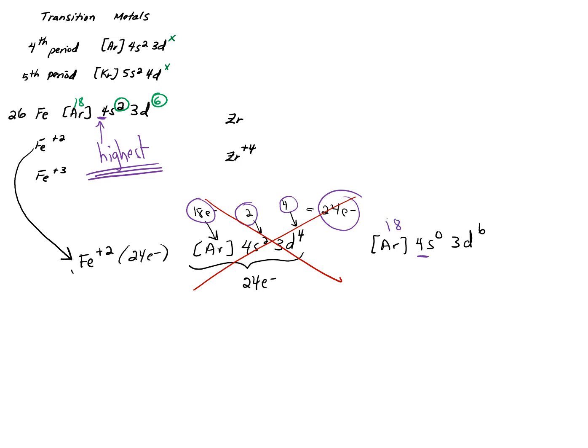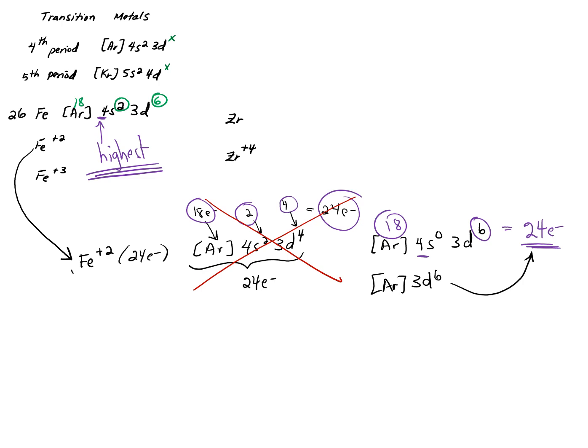So you have 18 electrons and then you have 6 electrons, and that will give you 24 electrons. That is the same as having argon 3d6, also 24 electrons. So when your transition metals are losing electrons to form your ions, and it's always losing because they're metals, and the metals are always losing or giving electrons away.